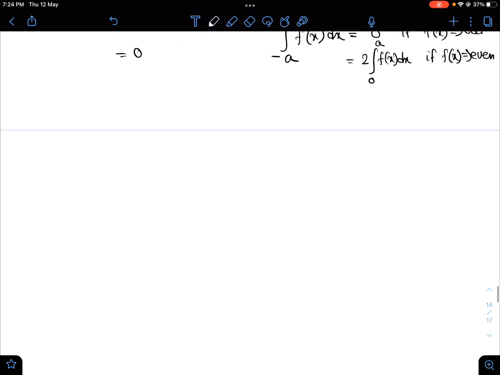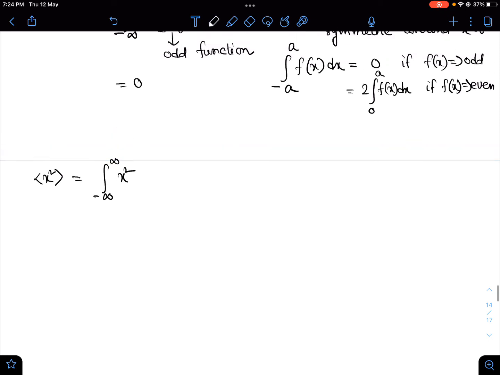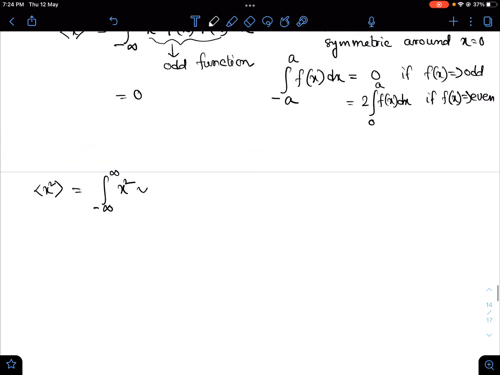Now you have to calculate the expectation of x squared. For this, you evaluate the integral of psi star(x) x squared psi(x) dx.